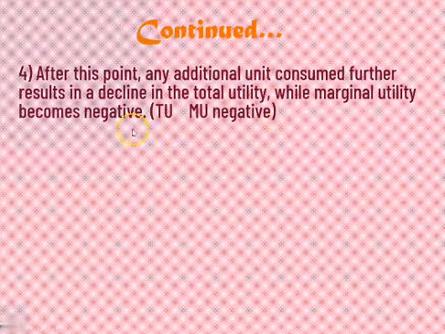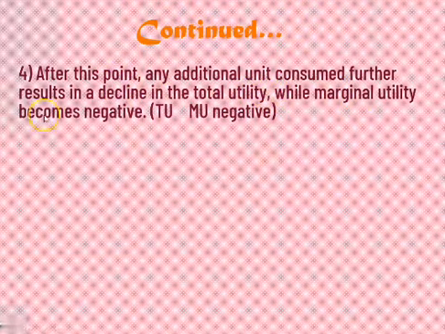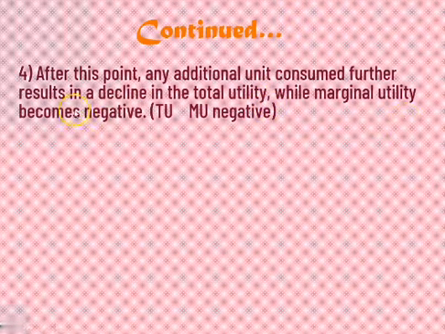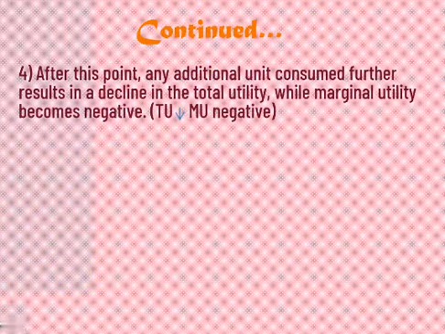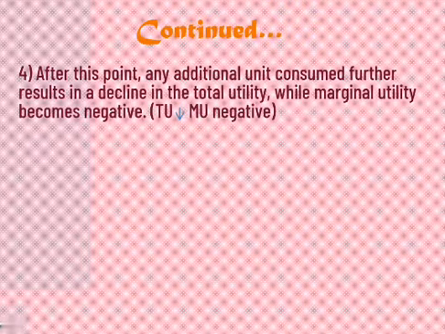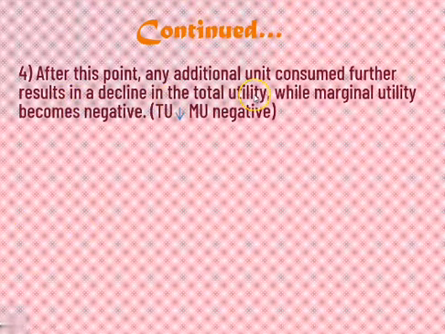Now, see here, after this point, any additional unit consumed further results in a decline in total utility, while marginal utility becomes negative. So when the consumer consumes after 6 units of a commodity, the satisfaction level which he was deriving turns into dissatisfaction, and any additional unit consumed results in a decline in total utility.